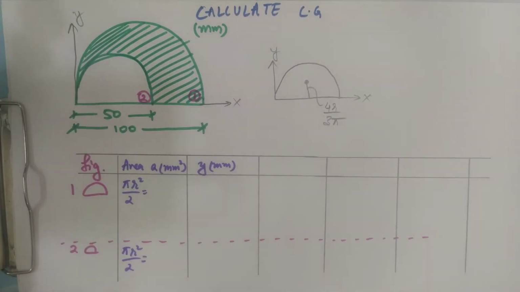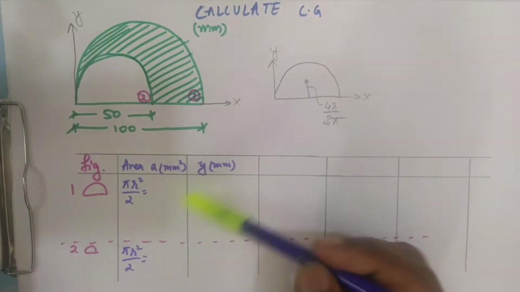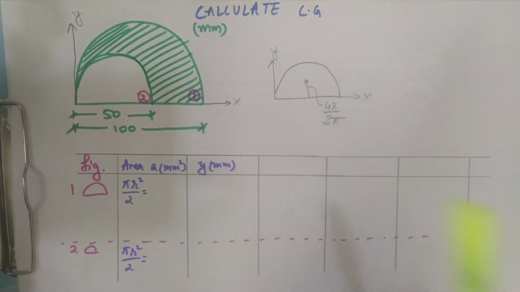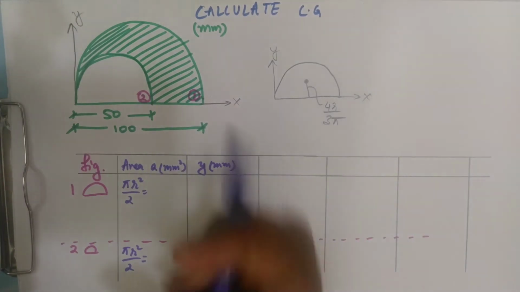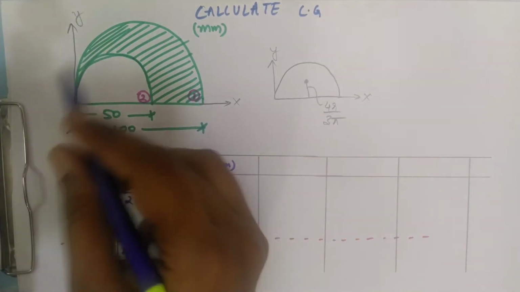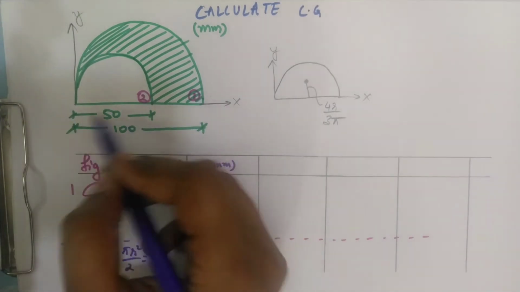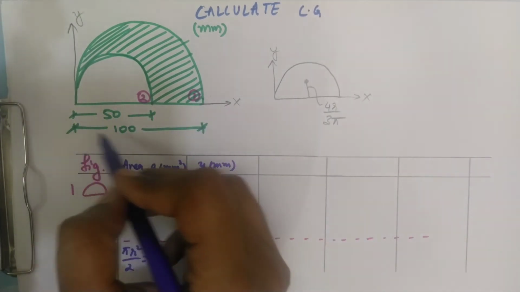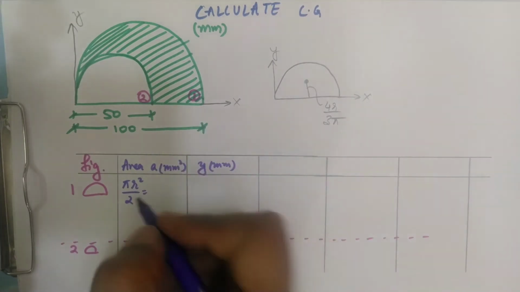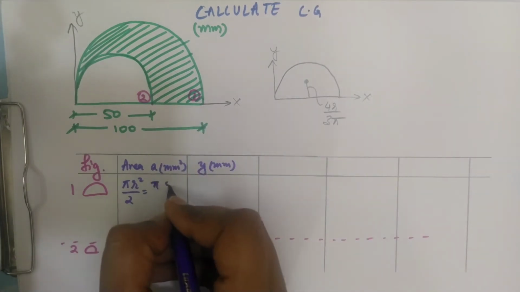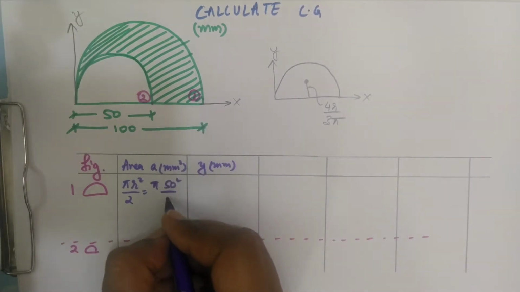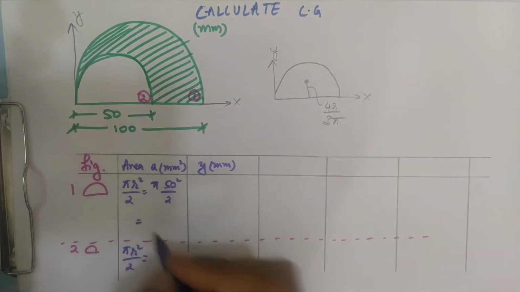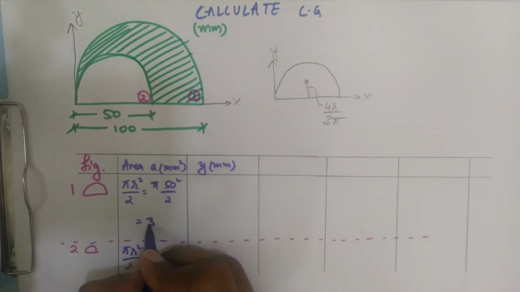So we have to calculate the area. The area of a semicircle is pi r square by 2. For the first figure, the big semicircle, the diameter is 100, so the radius is 50. Putting pi 50 square by 2, we get a value of around 3927.